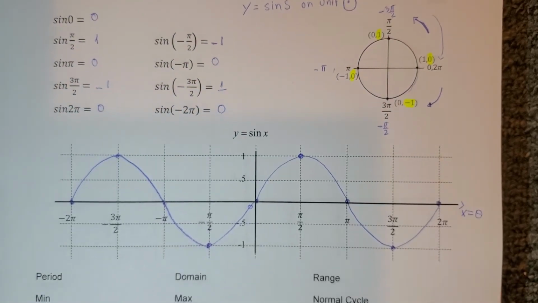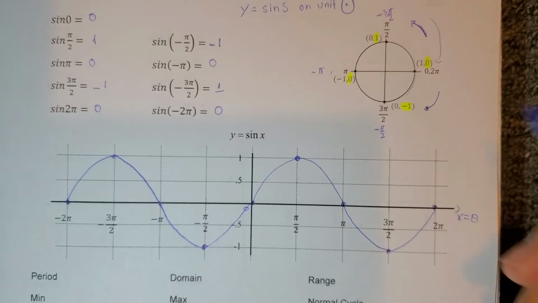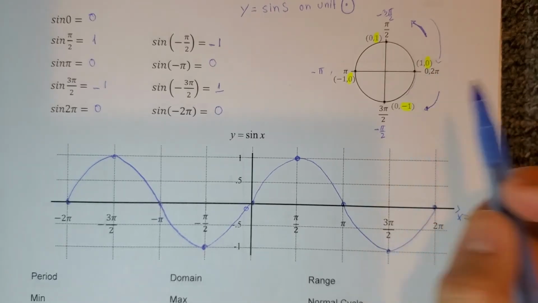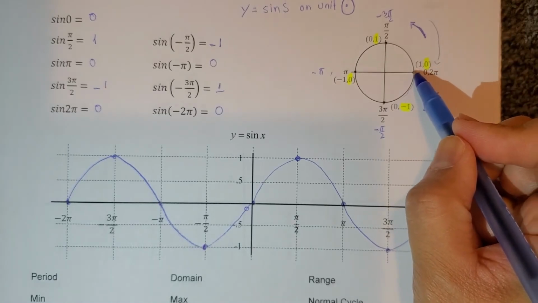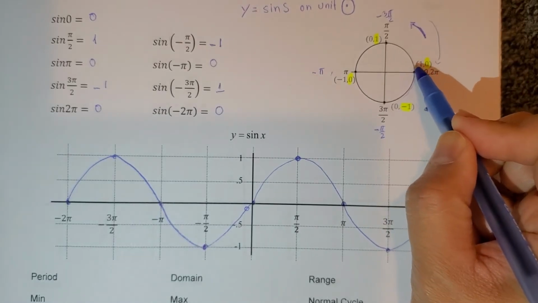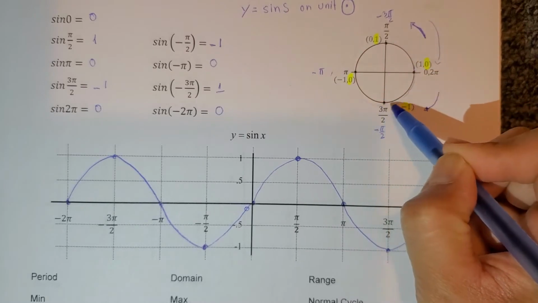In this class, I will ask you to graph just one period, or one revolution, which starts from 0 and goes to 2 pi. So you travel from 0 all the way to 2 pi.